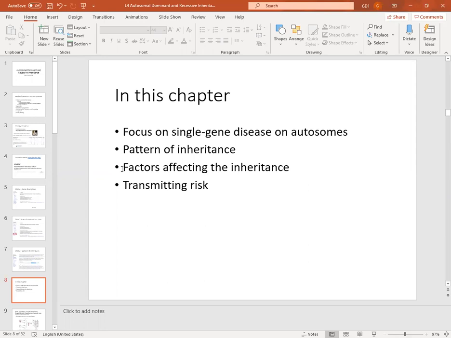So it's not strictly correct, so we find out some factors. Like Mendel, he did some experiments, and a lot of people, including me, believe in the scientific basis of his experiments right now.